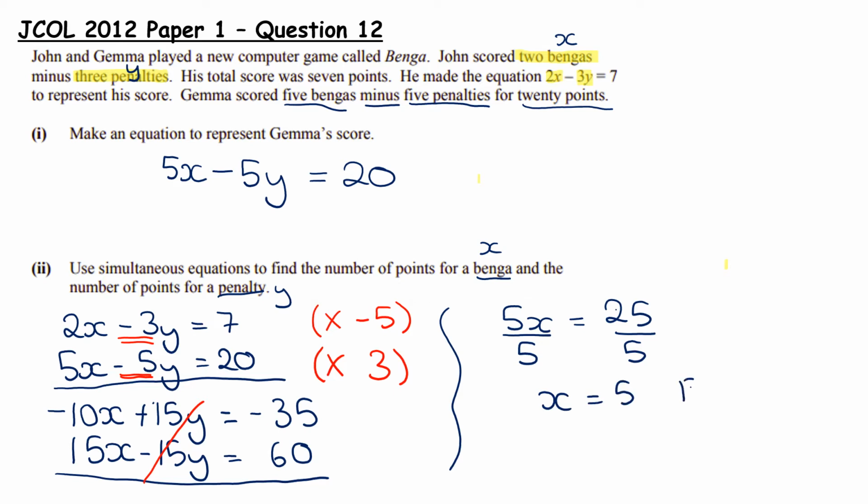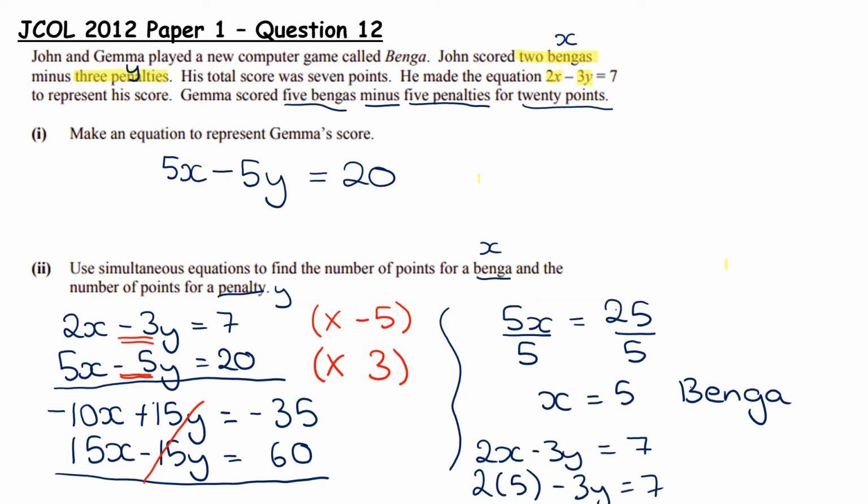And that represents the amount of points you get for a Benga. Now, we can go back to either of our equations. Doesn't matter which. I'm going to go back to the one we were given, which was 2x minus 3y equals 7. We're going to then sub in, instead of x, we're going to put in 5, and then we're going to solve for y.